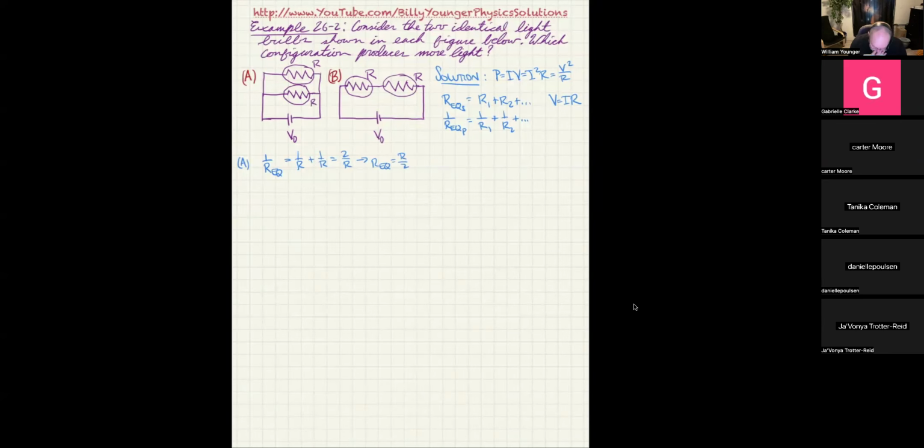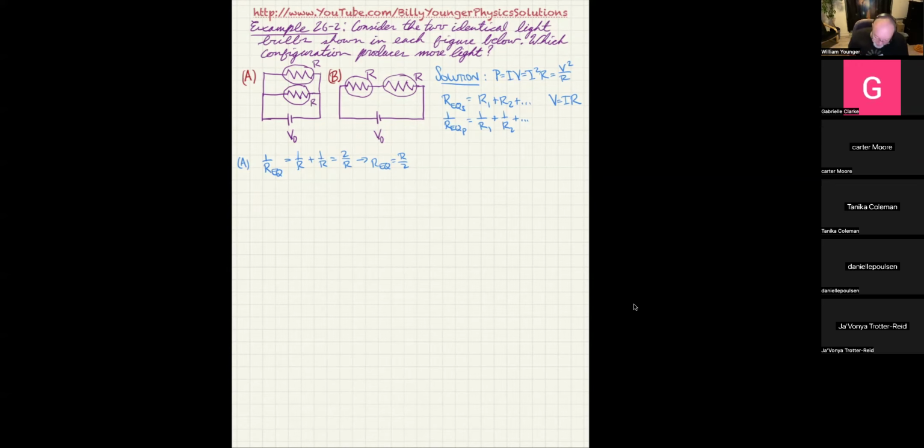Now, let me explain something about that equation. The fact that the reciprocal of the equivalent resistance is equal to the sum of the reciprocals of the resistances tells us that the equivalent resistance is always smaller than the smallest resistor in the circuit. That's kind of neat. And as you can tell here, the smallest resistor in the circuit is R, and we got R over 2, so that's smaller. Okay, that's kind of nice.